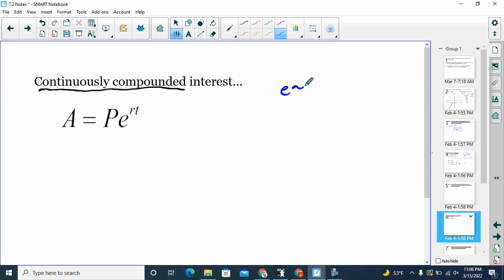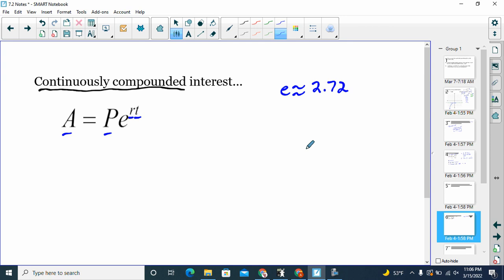It is an irrational number like pi, where it never ends but never repeats as well. It's about 2.72. Everything else in the formula means exactly the same thing it did in the previous formula: amount in the account, principal, interest rate expressed as a decimal. Notice we don't have a 1 plus, so we're not adding 100% to it here.